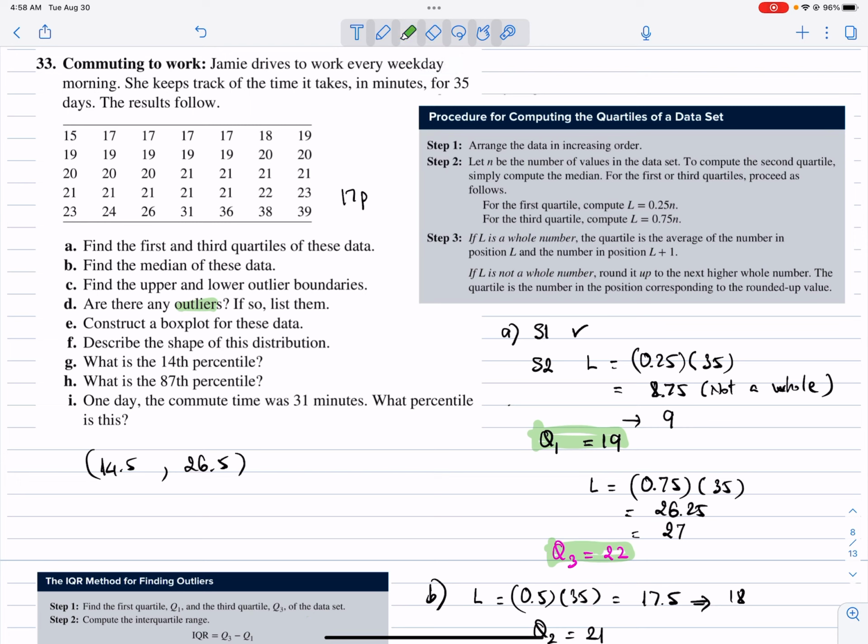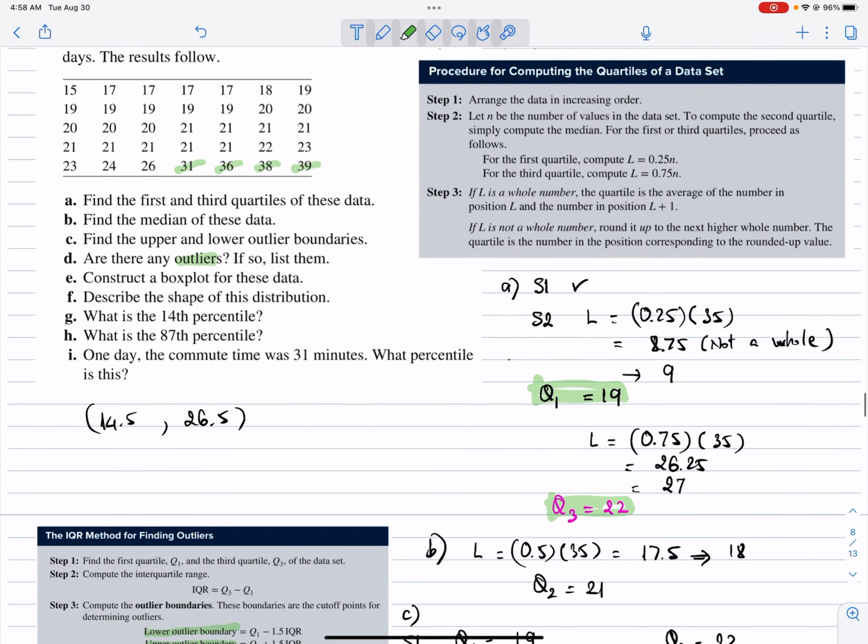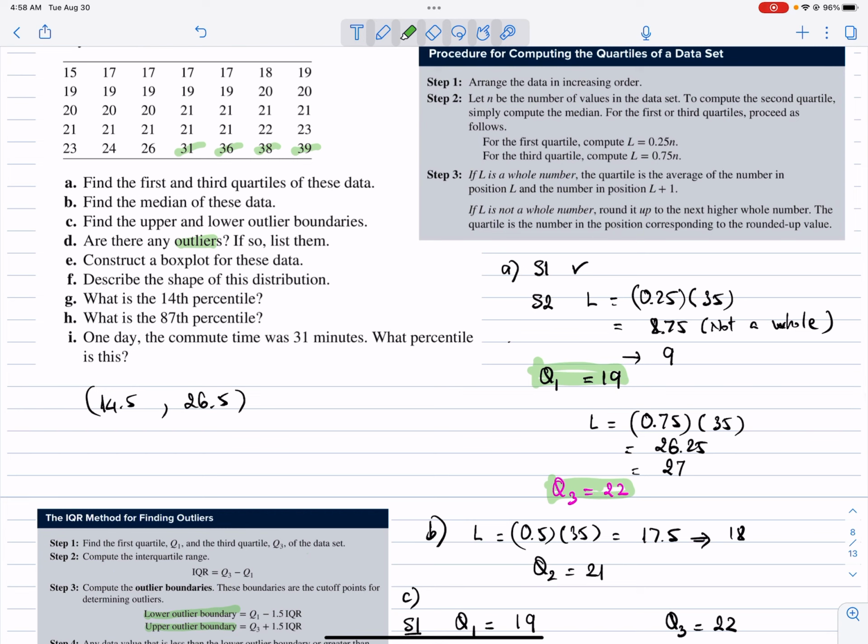We do have a lot, right? So now let's look: 39, 38, 36, 31. They are the numbers that are more than 26.5. So we have 4 outliers in this case. They are 31, 36, 38, and 39.